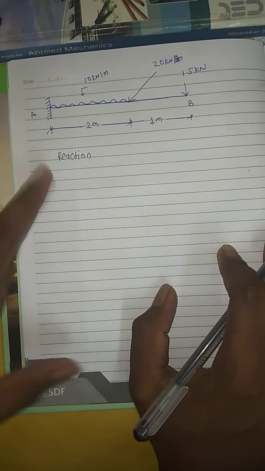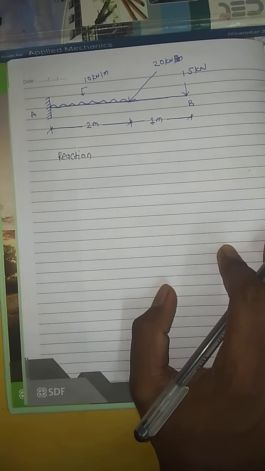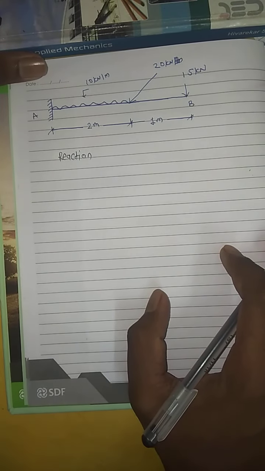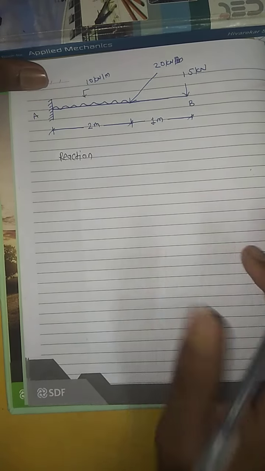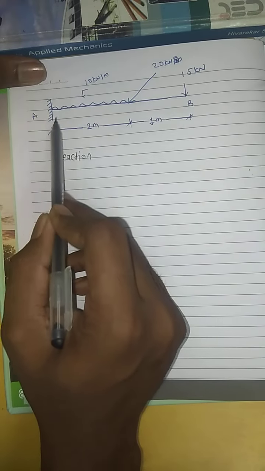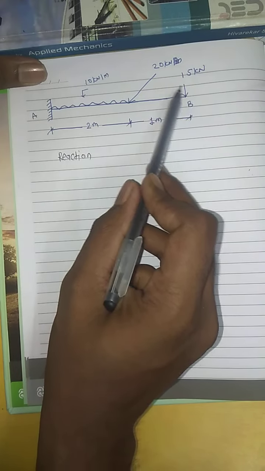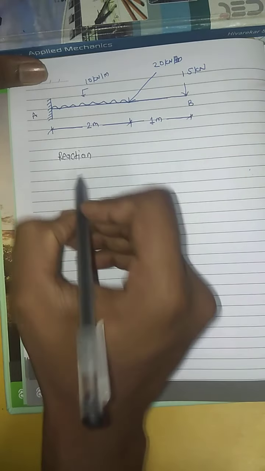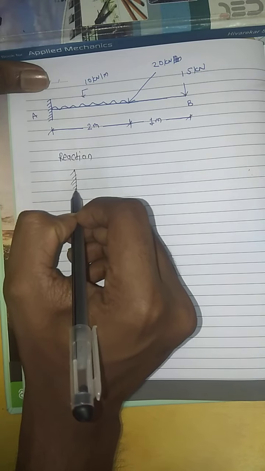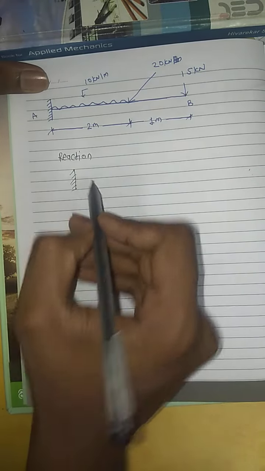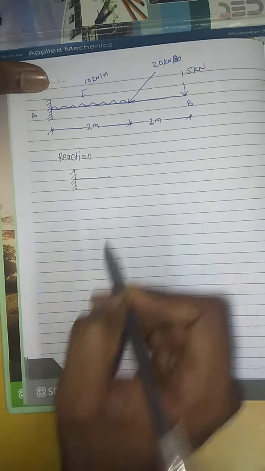Generally we have to find out the reaction while solving the beam. So first we need to draw the free body diagram of the support. Here it is a fixed support and at the other end there is no support. We have covered this part in our theory part.